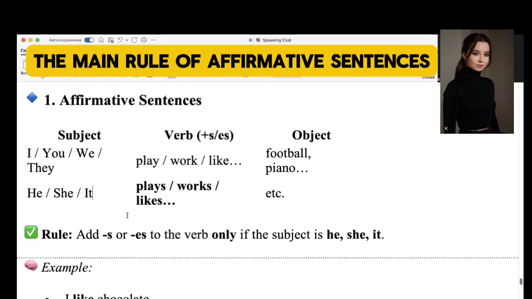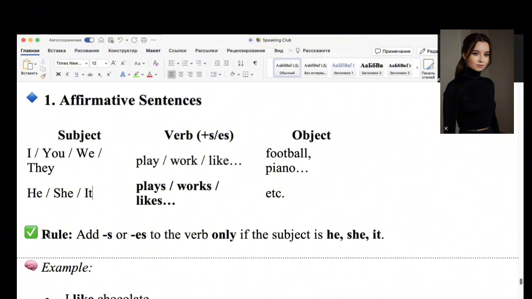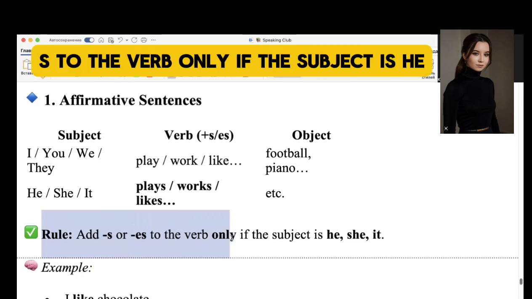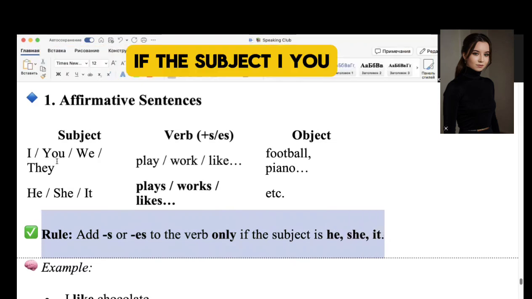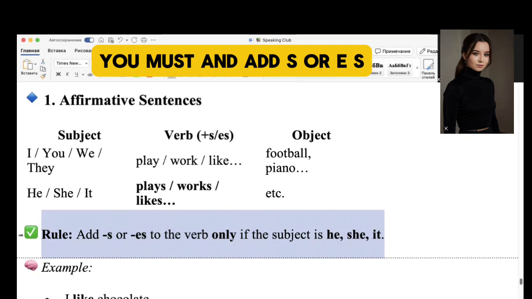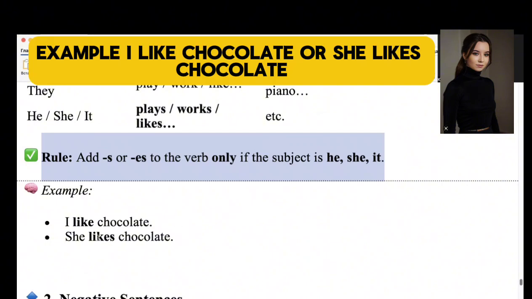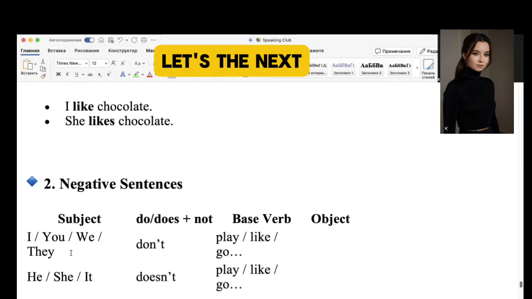So the main rule of affirmative sentences which you need to know: add the letter S or ES to the verb only if the subject is he, she, it. If the subject is I, you, we, they, you mustn't add S or ES. Example: I like chocolate or she likes chocolate. You see the difference.